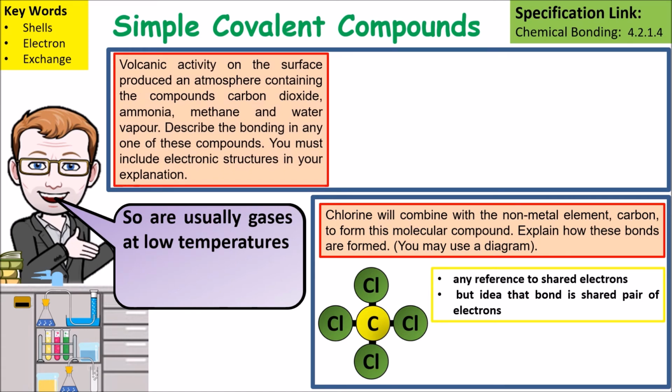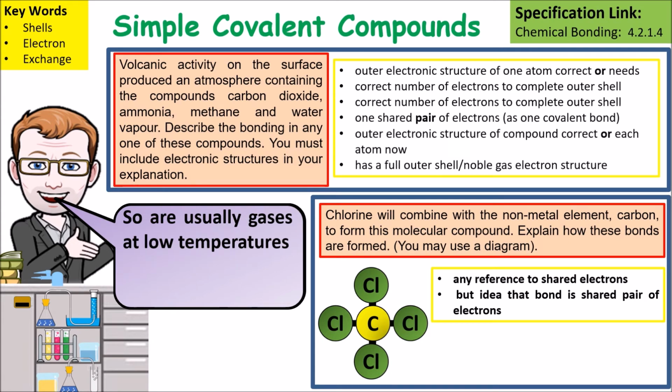Another question might look something like this. Volcanic activity on the surface produced an atmosphere containing carbon dioxide, ammonia, methane and water vapour. Describe the bonding in one of these compounds. You must include the electronic structures in your explanation.